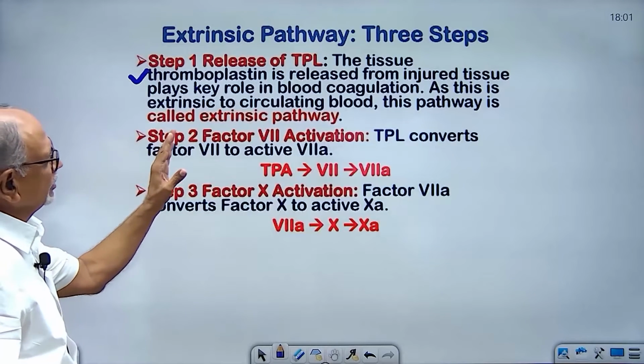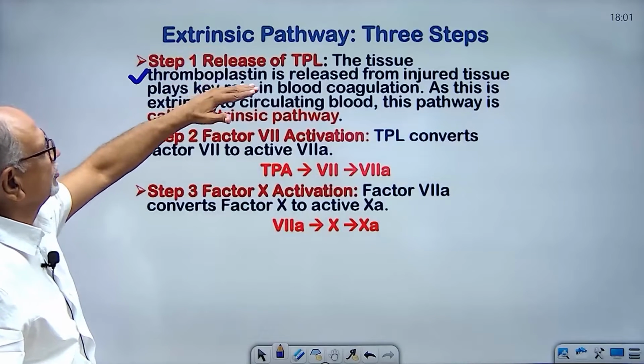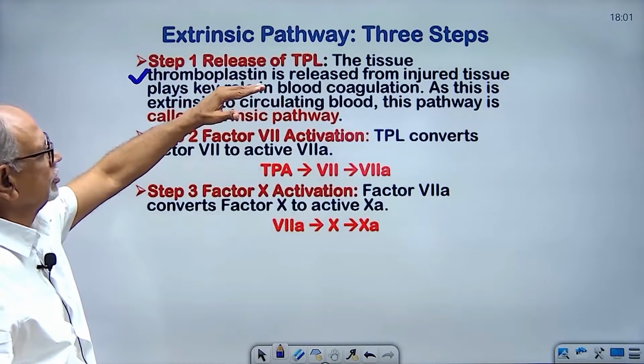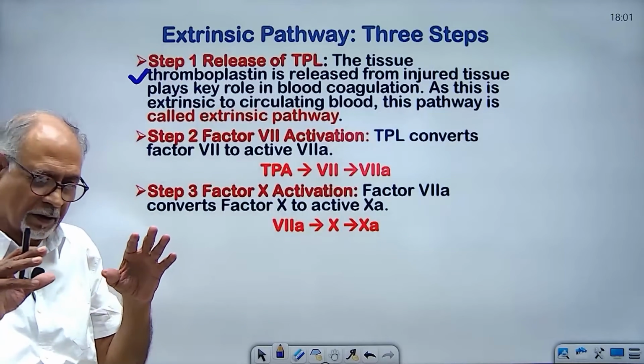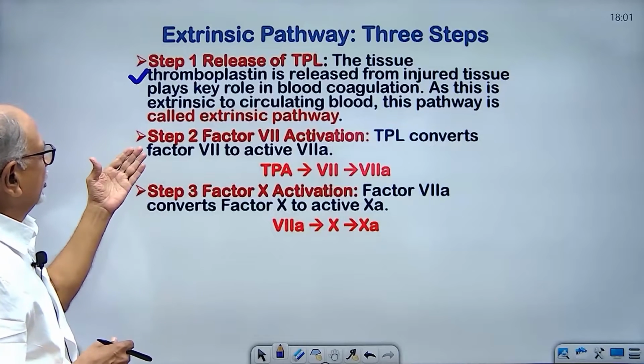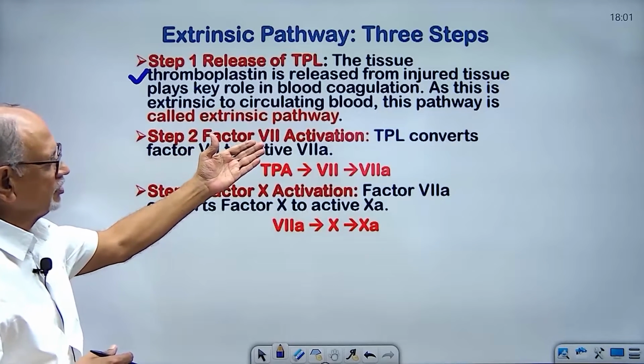This is called the extrinsic pathway because this thromboplastin, that is TPL, tissue thromboplastin, is released from the tissue, not from the blood itself.